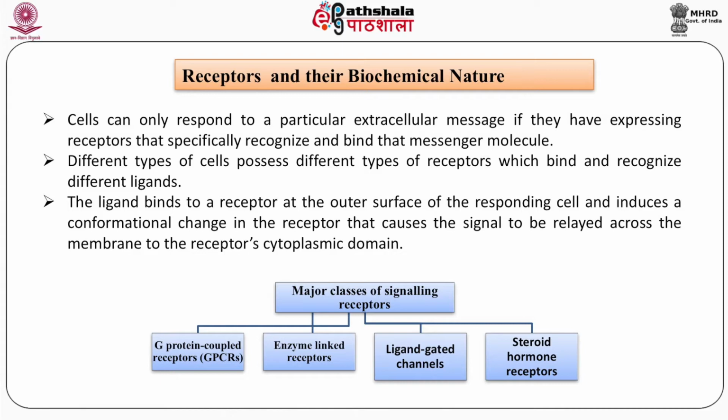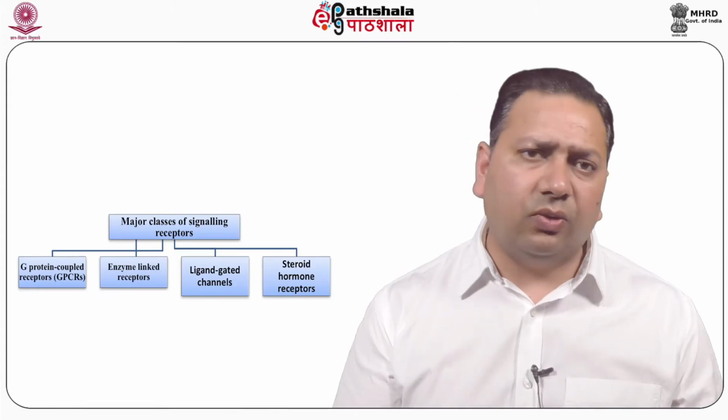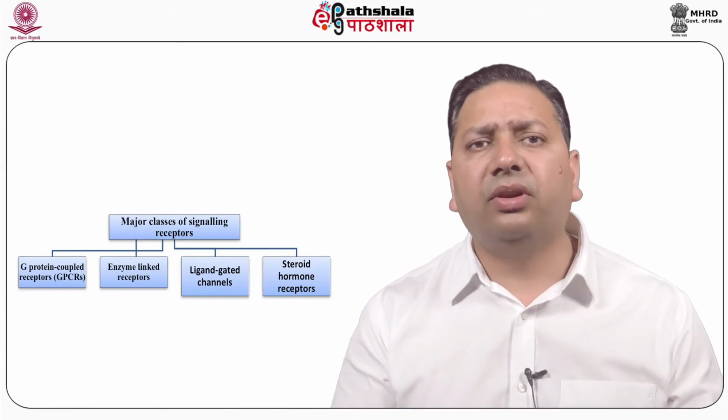Different types of cells possess different types of receptors which recognize different ligands specifically. The ligands bind to the receptor at the outer surface of the cell and induce a conformational change in the receptor that causes the signal to be relayed across the membrane to the cytoplasmic domain.